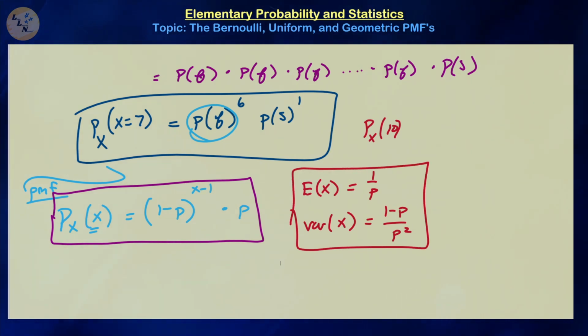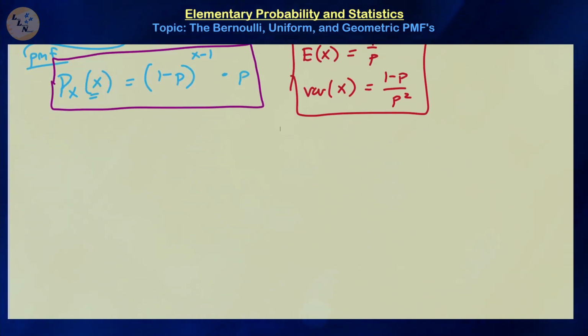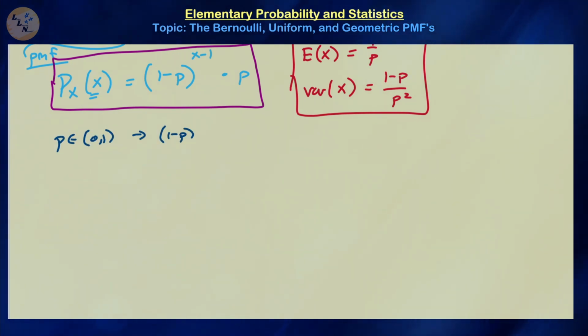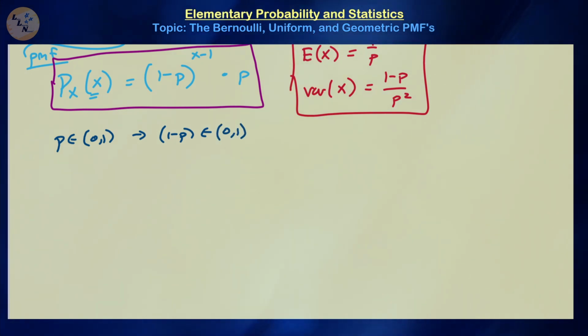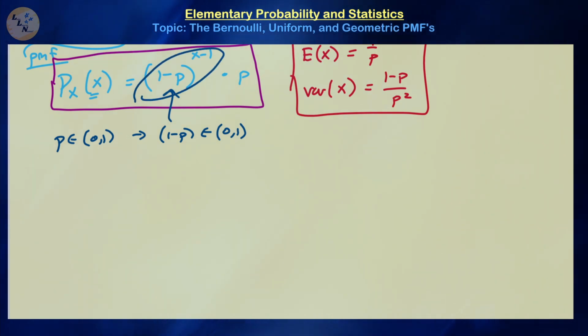But actually, let's do a real-life example problem for this, and also let's look at the graph of this. So keep in mind, p is a number between 0 and 1. That means the probability of failure also is going to be a number between 0 and 1. So if this number is in between 0 and 1, and we know that this is an exponential function, then this is an example of exponential decay.